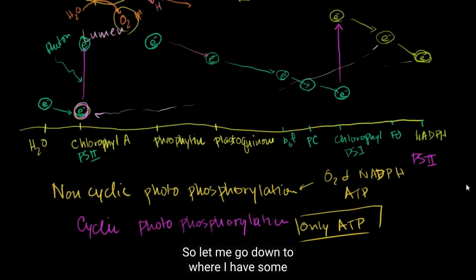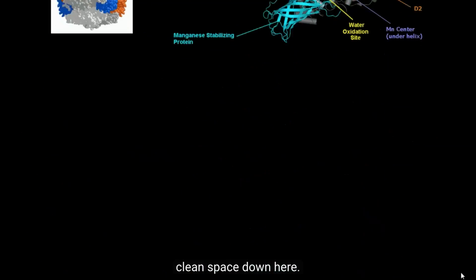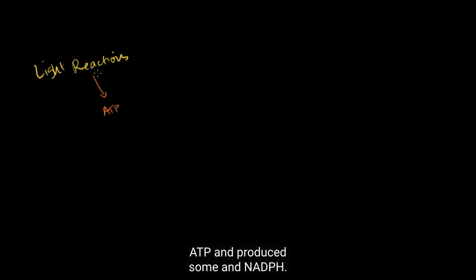So let me go down to where I have some clean space down here. So we had our light reactions, and they produced, I just reviewed this, some ATP and some NADPH.